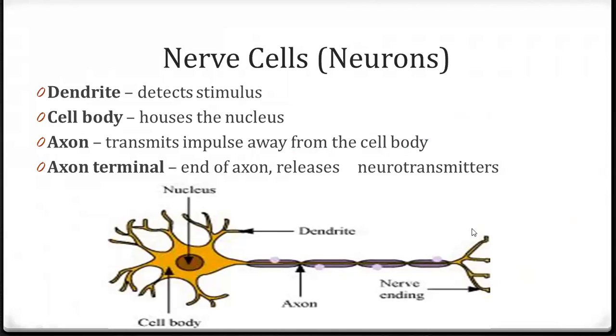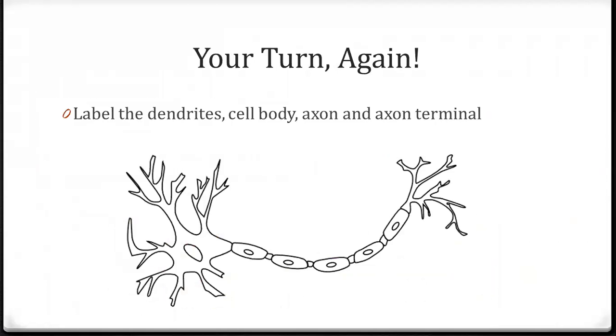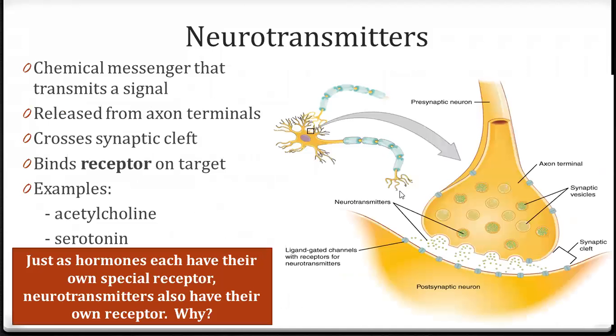And then at the end, the axon terminal is where you have nerve endings and where your neurotransmitters get released. Okay, so you can label that just like you saw right here. So the dendrites, the cell body, the axon, and the axon terminal.